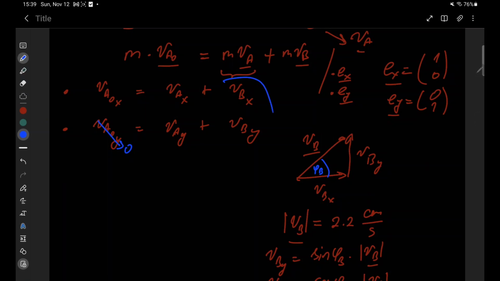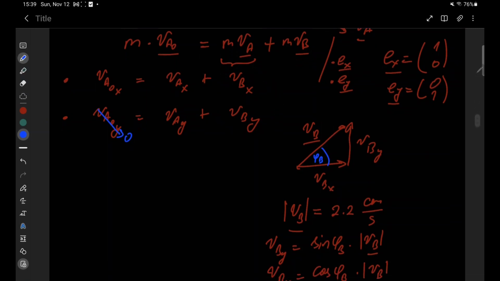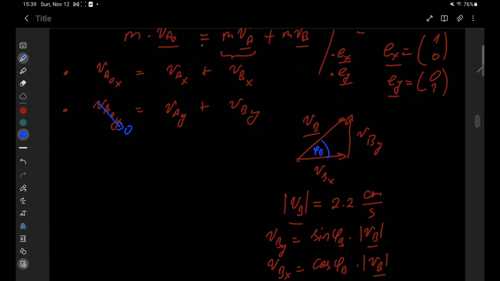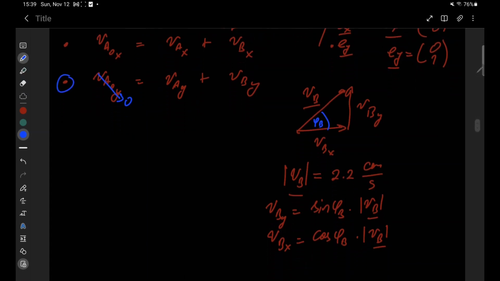So yeah, this we know. What we do not know is this. However, let's look at equation number 2. Let's rewrite it. 0 equals VAY plus VBY, meaning that VAY will be equal to minus VBY.